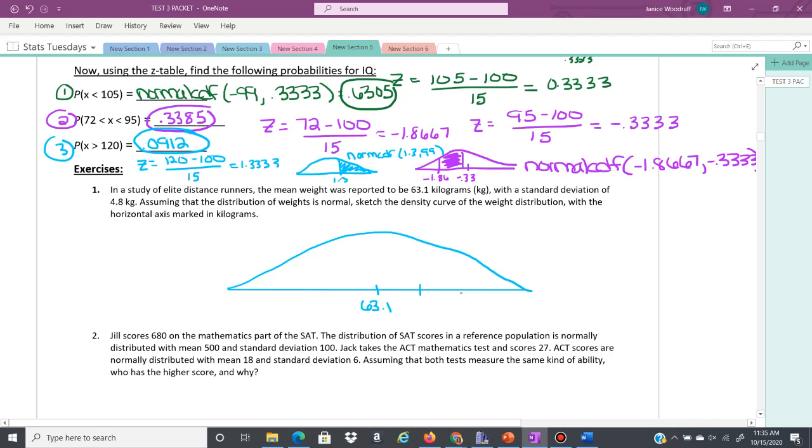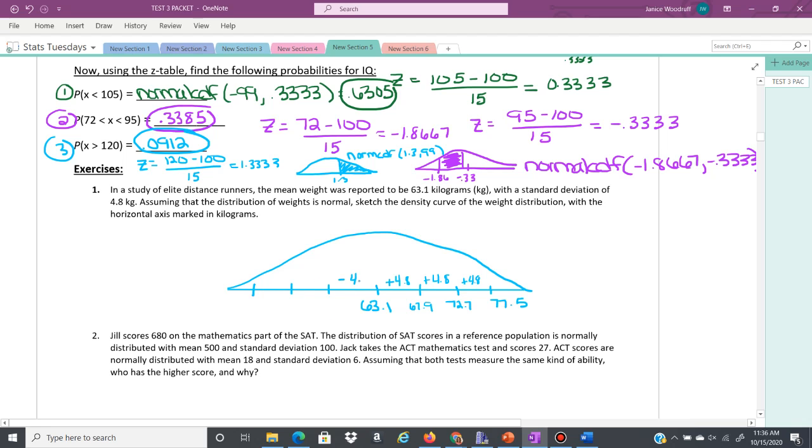And you're going to have 1, 2, 3 standard deviations to the right, 1, 2, 3 standard deviations to the left. So 1 standard deviation to the right, you will add 4.8 each time, which will give you 63.1 plus 4.8, 67.9, then 72.7, then 77.5.